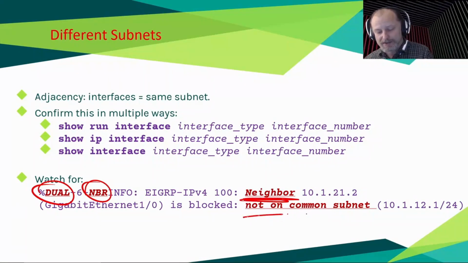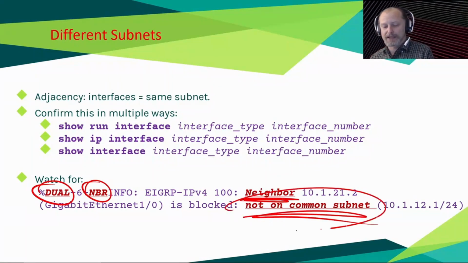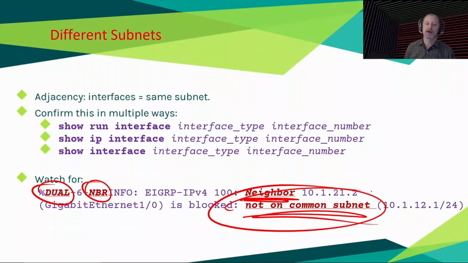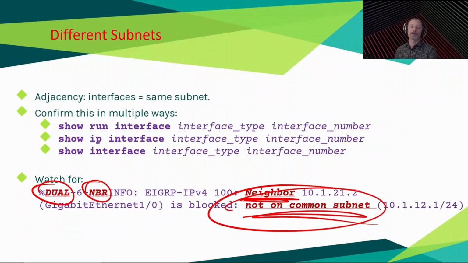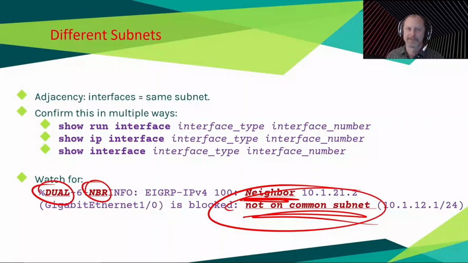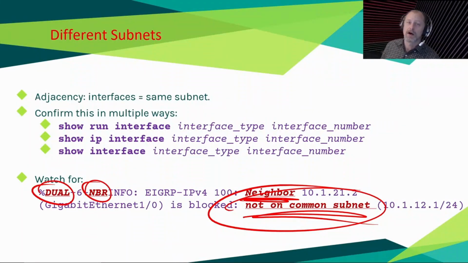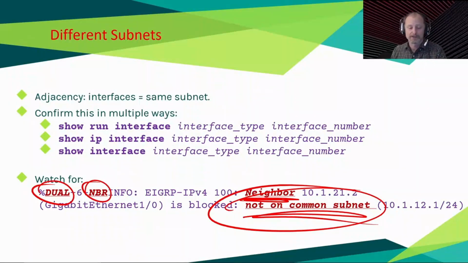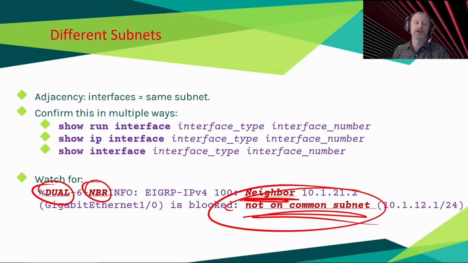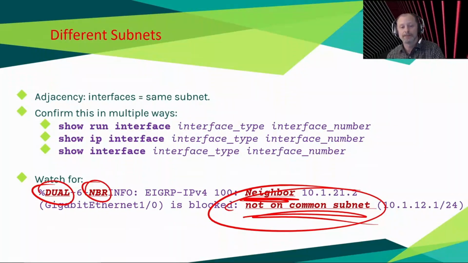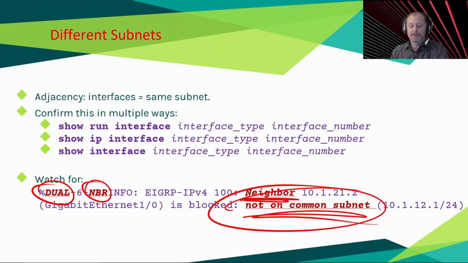This neighbor is not on a common subnet. So, that part right there, not on common subnet, kind of gives it away. These syslog messages that show up on your screen, or if you're actually looking at logs, do tell you a lot of information. Okay.